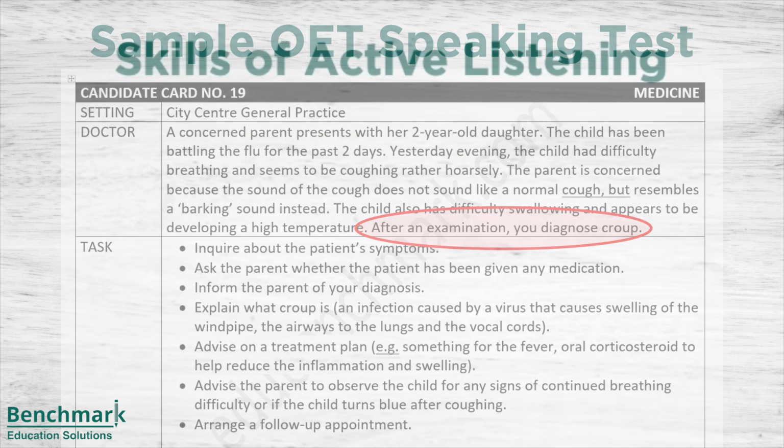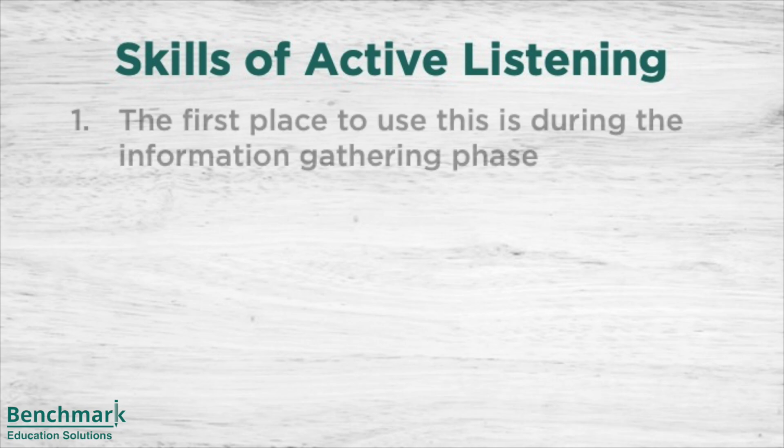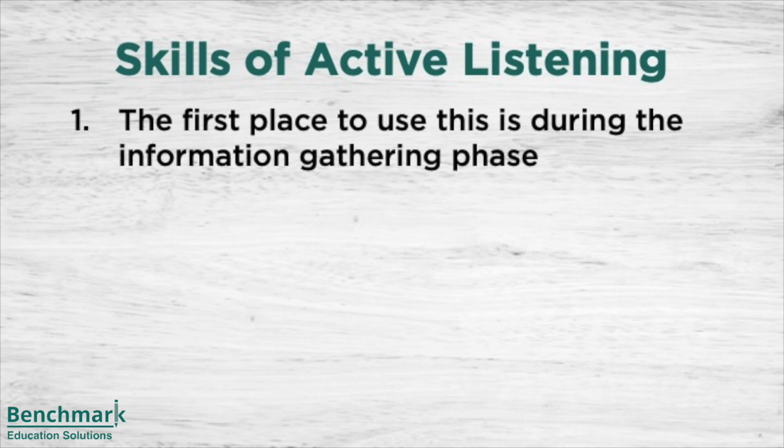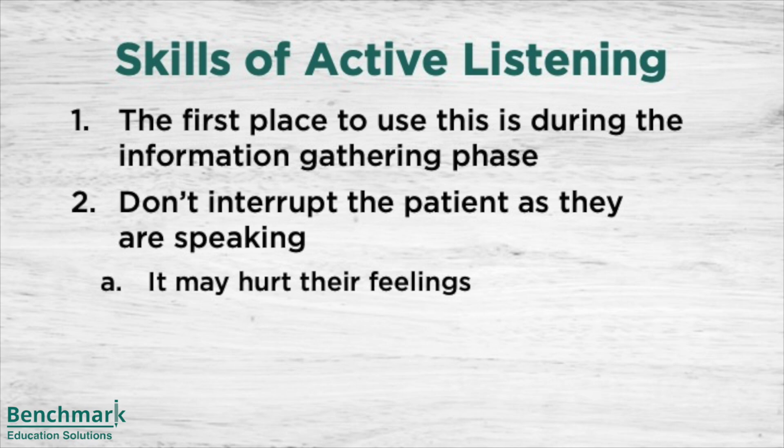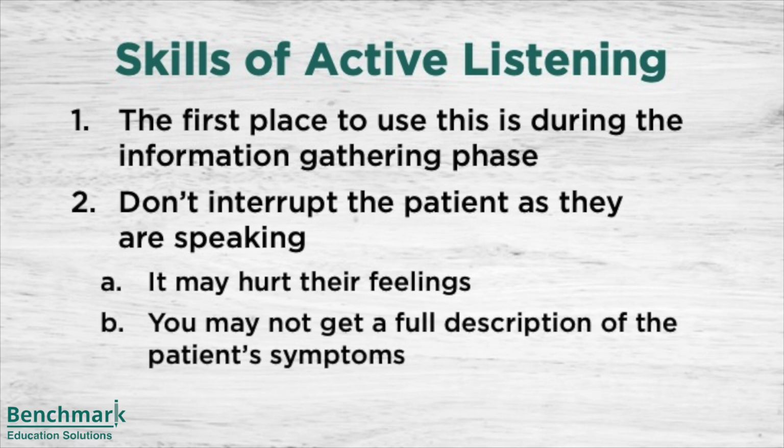However, bearing in mind that we're talking about echoing and summarising as well as active listening, as we've just said, the parent's vocalization of the symptoms is probably quite emotional. So you really wouldn't want to interrupt because it could be offensive and it could hurt their feelings, but it also might mean that the parent doesn't give you a full description, which after all is what you're after.